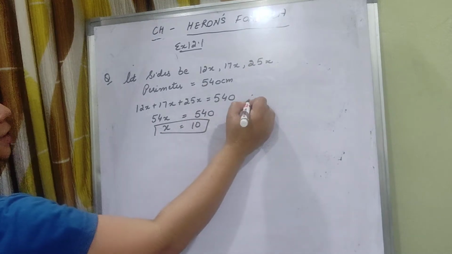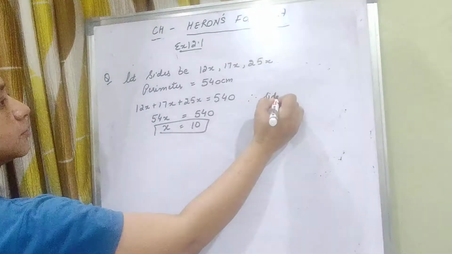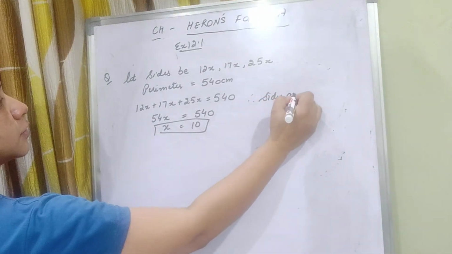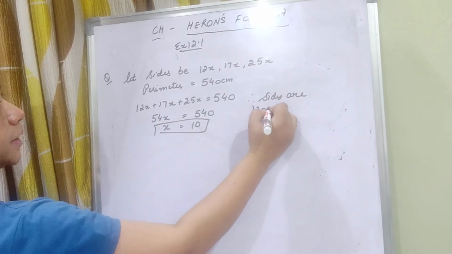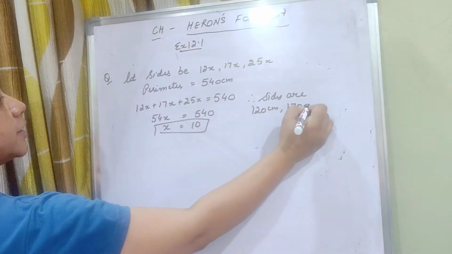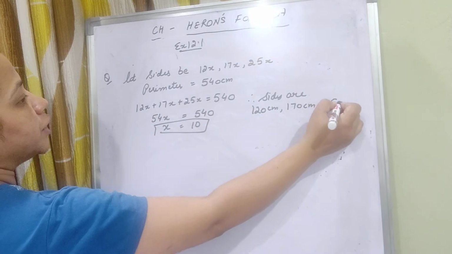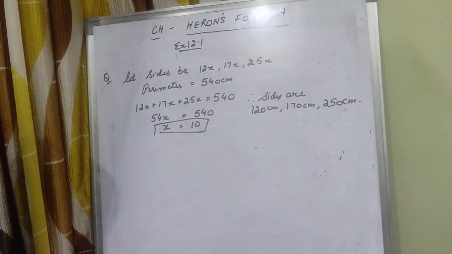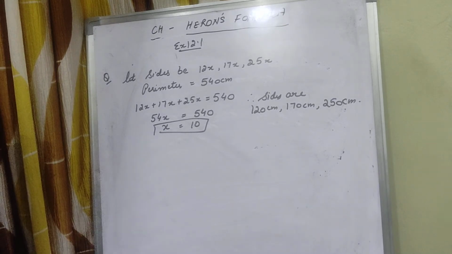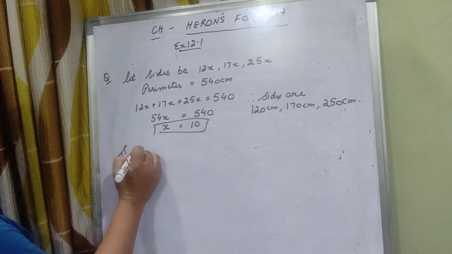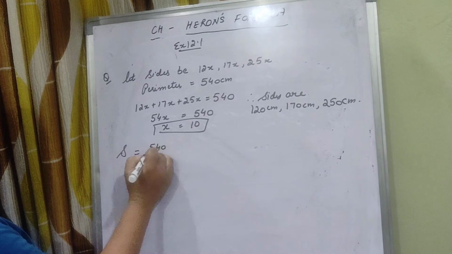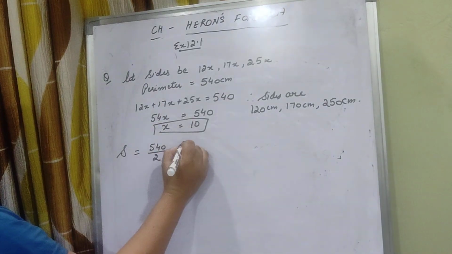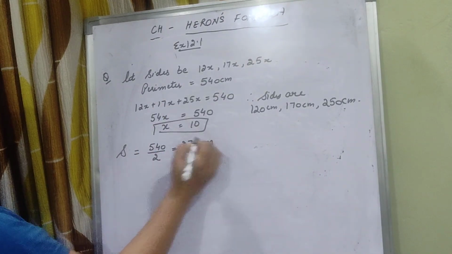So therefore the sides are 120 centimeter, 170 centimeter and 250 centimeter. Now again for finding the area, first we have to find the semi-perimeter, which is equal to 540 divided by 2. Perimeter is given, so it is 270 centimeter.